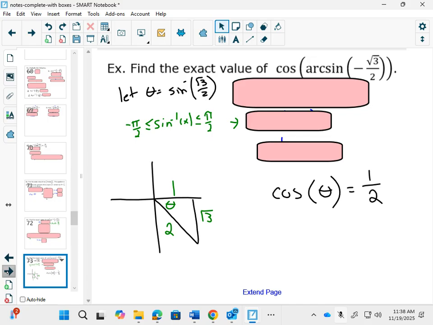Cos of pi over 3 is a half. Cos is still positive. But you can avoid some of that extra thinking by just drawing your picture, and you skip actually ever figuring out what theta is. Which is really helpful if the ratio is one you don't know. This one, we could say it's pi over 3 family. But we didn't need to know that to solve this question.